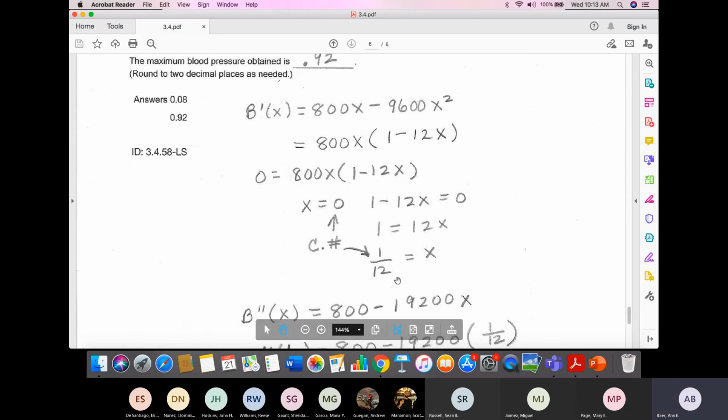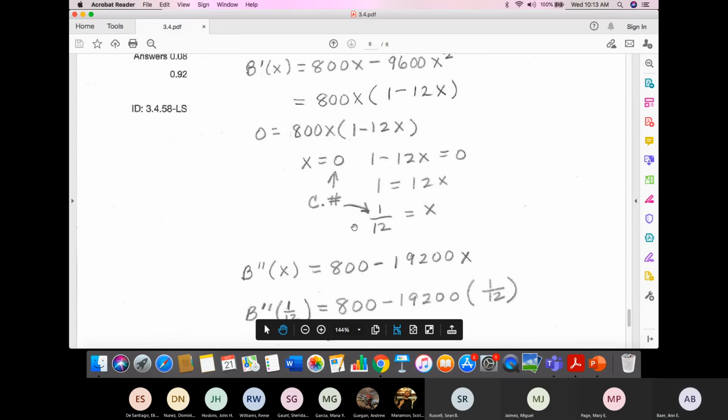When I solved this, I got down to here. But we can ignore this one because we're never going to get there. We're not interested in what happens at 0 in this context. It's not a possibility, really.